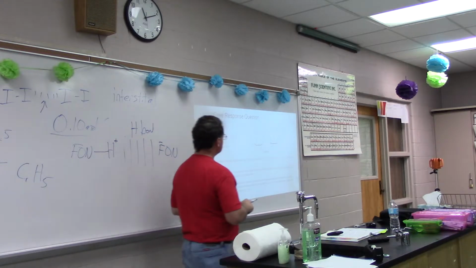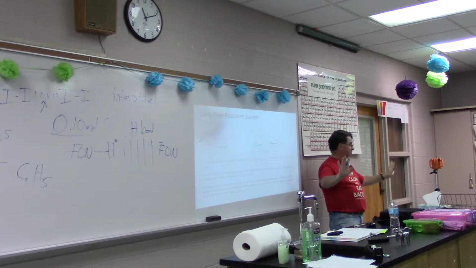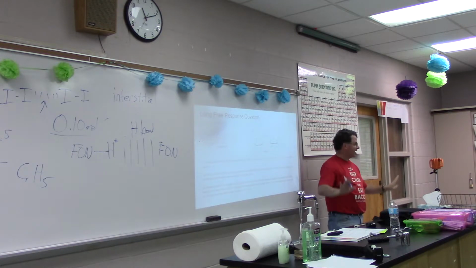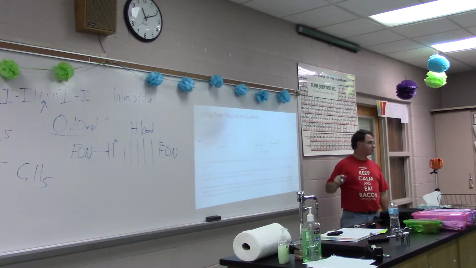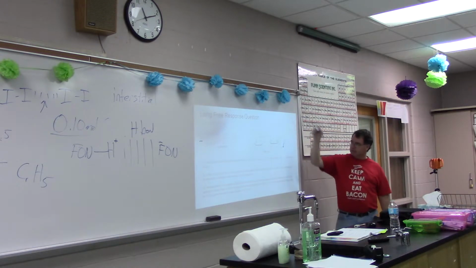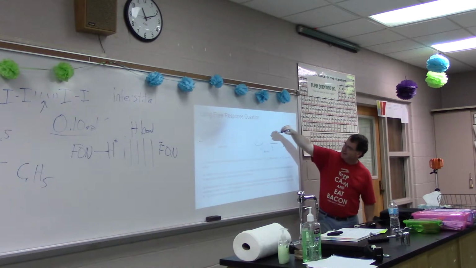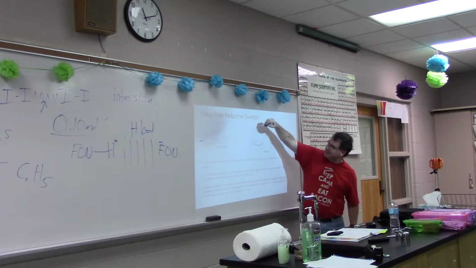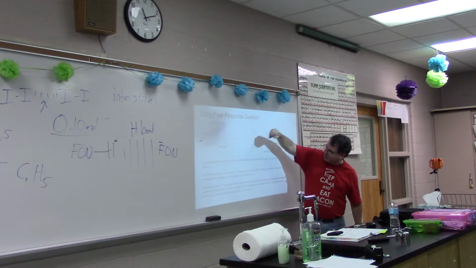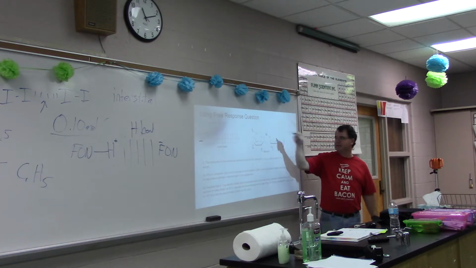One. Do you see on this molecule any hydrogens that are capable of hydrogen bonding? Yes. Lots. That one, the one with the what? That one, that one, that one, this one right here.